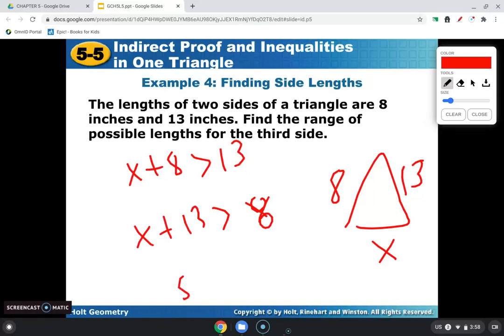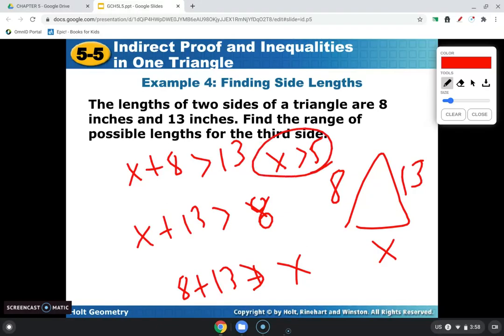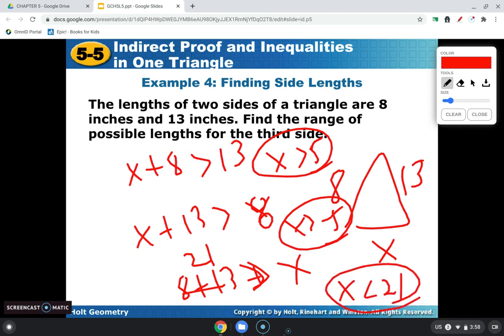And 8 plus 13 has to be greater than x. Then you solve. We subtract 8 to give x is greater than 5. Subtract 13 to give x is greater than negative 5. This becomes 21, so turn it around: 21 is greater than x is the same thing as x is less than 21.